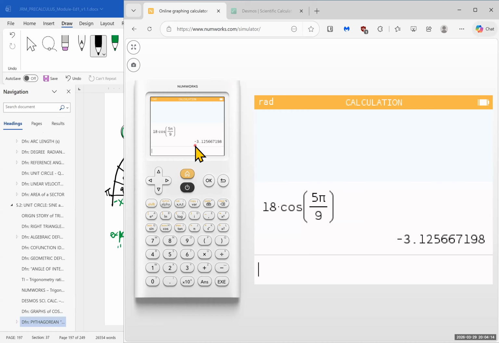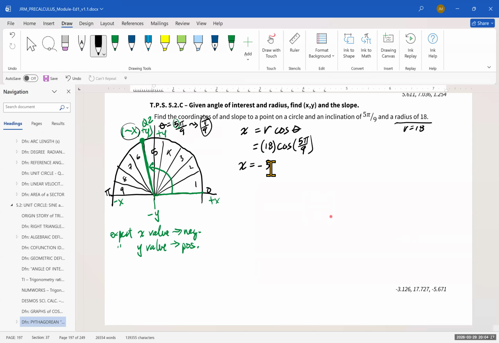Okay, so we get negative 3.125 or negative 3.126. So let's come back. We get negative 3.126. And we expected our x value to be negative, so that's good.